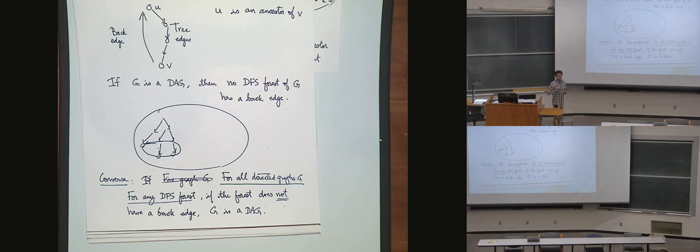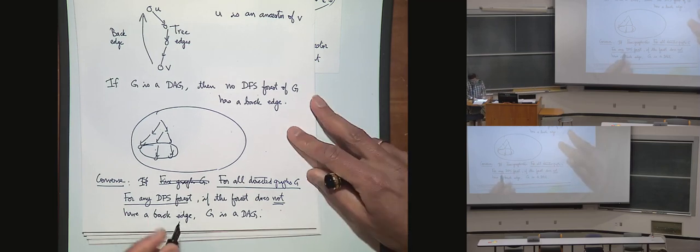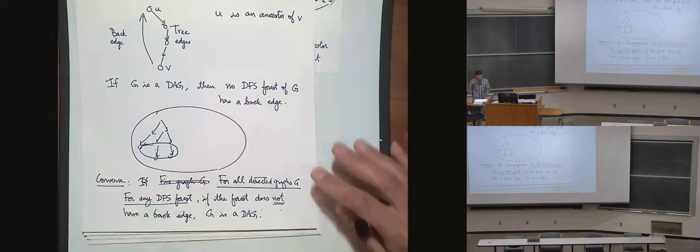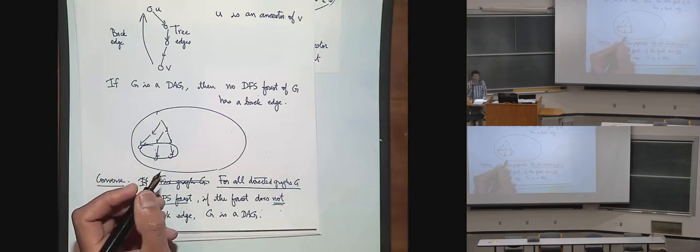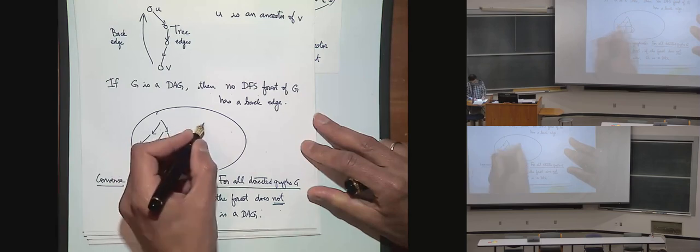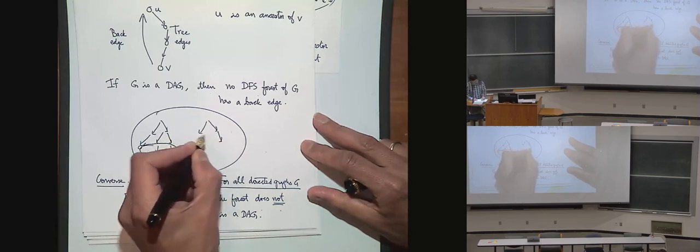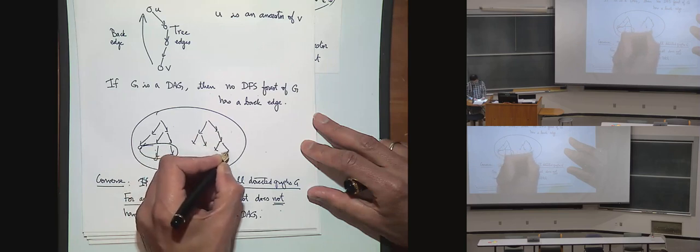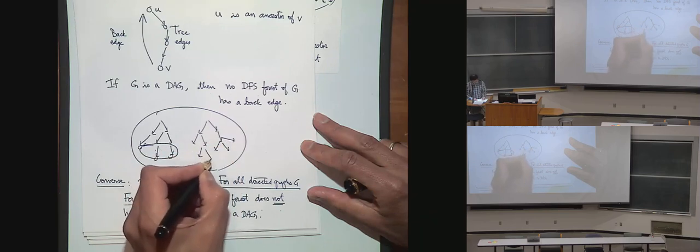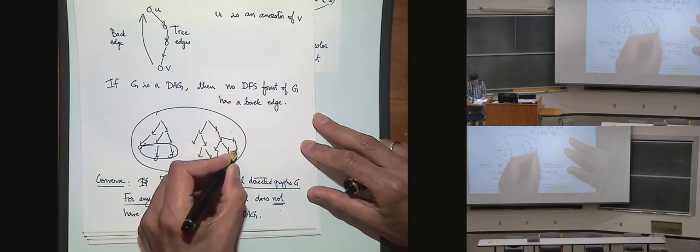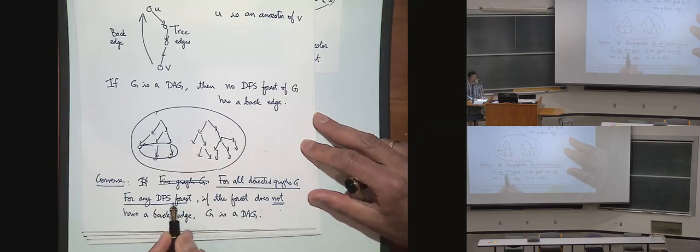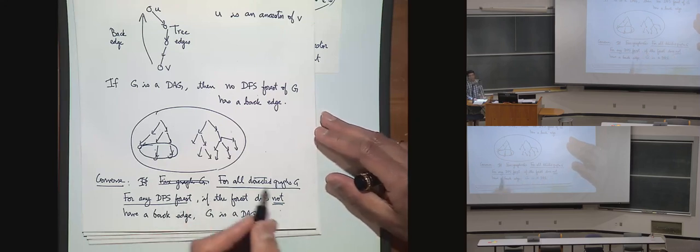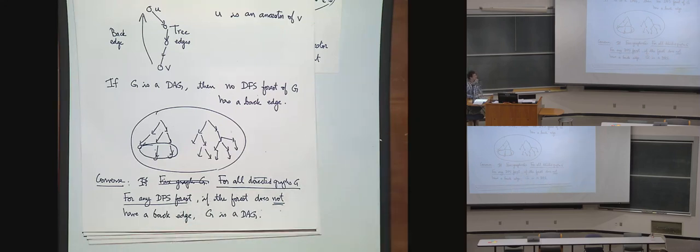Can you re-explain what you said about the cross edges forming a cycle? Sure. Now what could happen? Let's say you have this DFS tree over here. I give you the statement, and the first thing you should say is, but why should that be true?